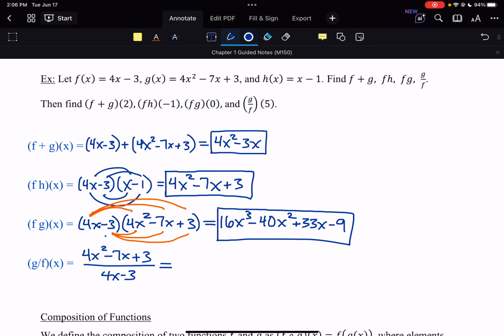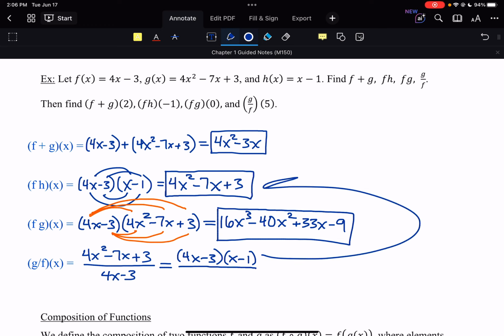It turns out it does factor. It factors as 4x minus 3 and x minus 1. And we saw that back up here, just in a different order, over 4x minus 3.